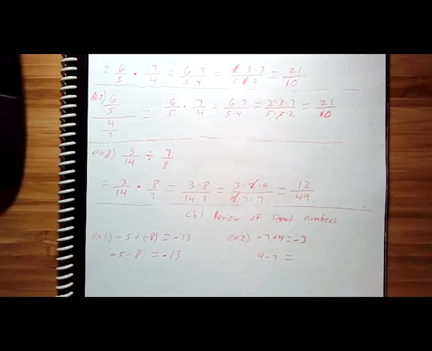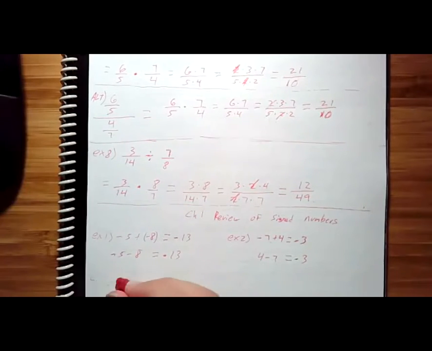This is the exact same question. You would say, oh, that's 3, but you keep the sign of the bigger one. Does that make sense? Yes, sir. Okay. Go ahead. We'll move on to subtraction then.